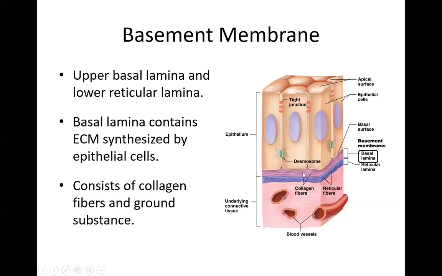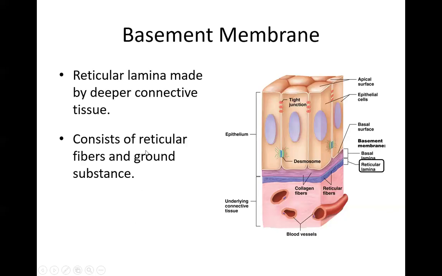And the basal lamina consists of collagen and ground substance. And we know that the extracellular matrix is always ground substance and protein fibers. Now, the reticular lamina is beneath your basal lamina and above your connective tissue.